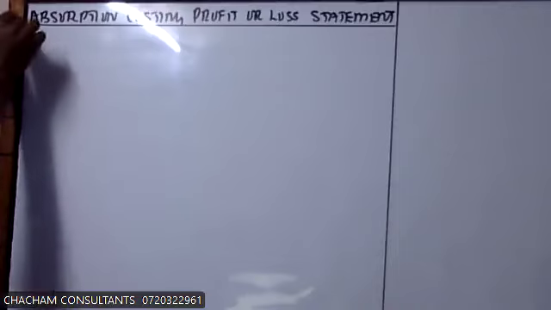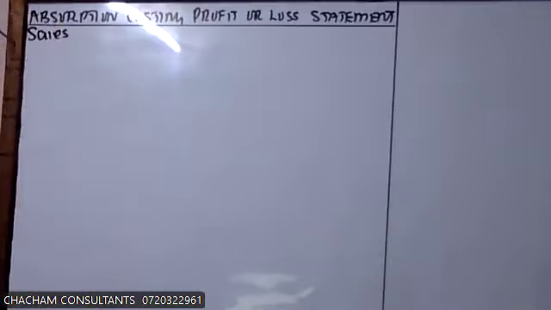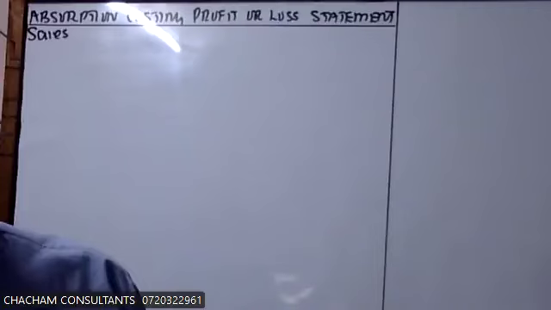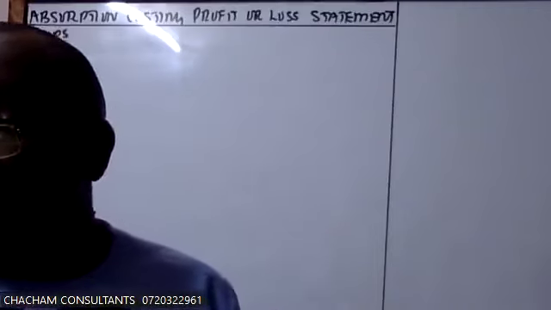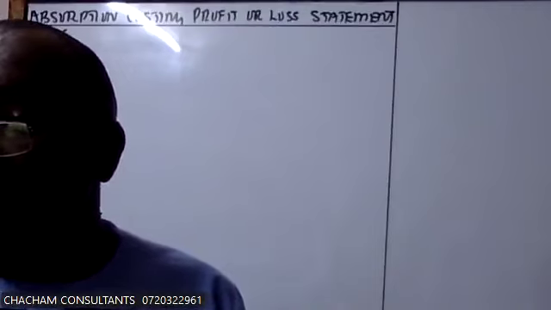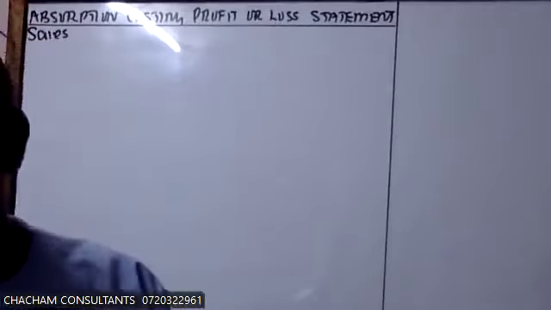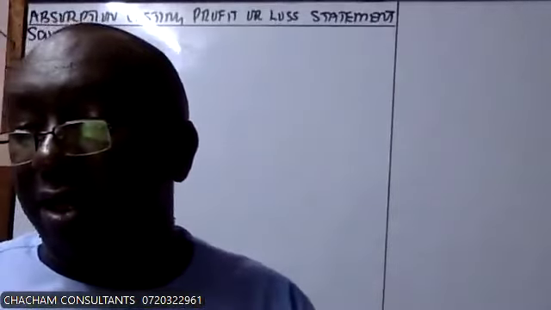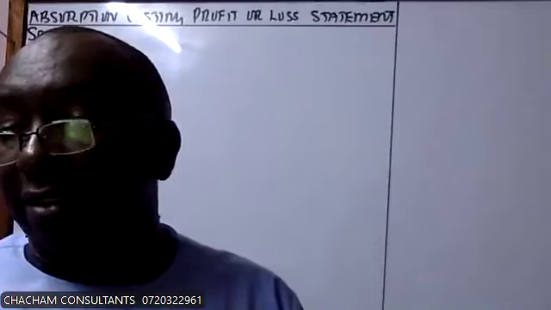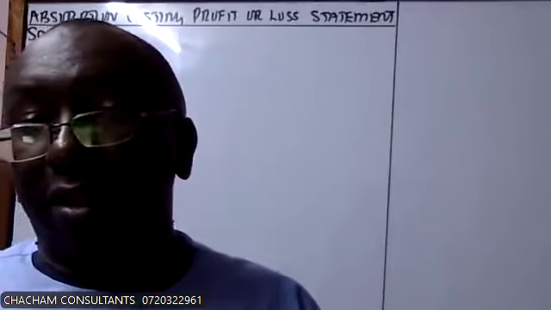So we get sales. To get sales, you take the units sold, that is the 21,300, multiplied by the selling price of 5,000. Tell me the answer.